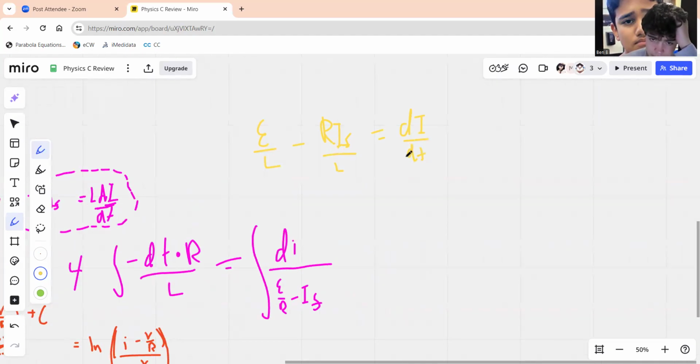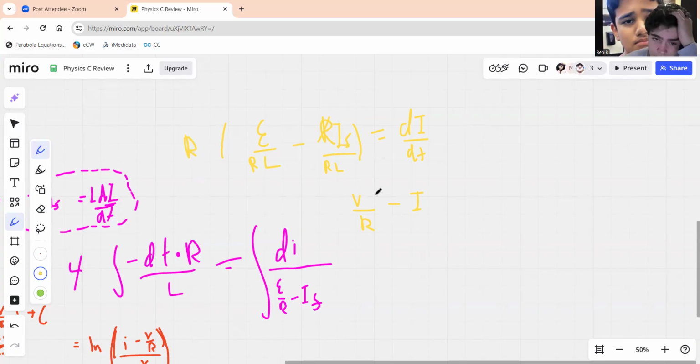True. So V over R minus I. Wait, where do you get V over R? So we're dividing both by R. Divide by R, divide by R, and times by L, and multiply by a big R in front. It's just for simplicity's sake.